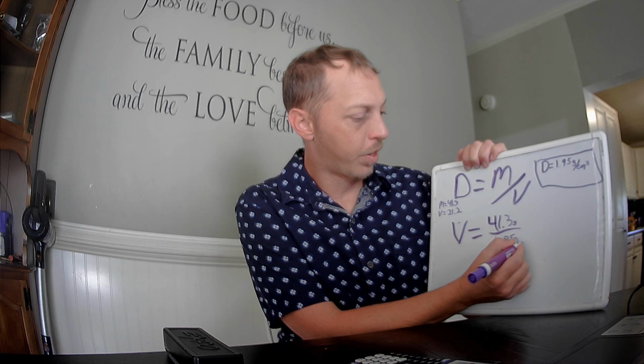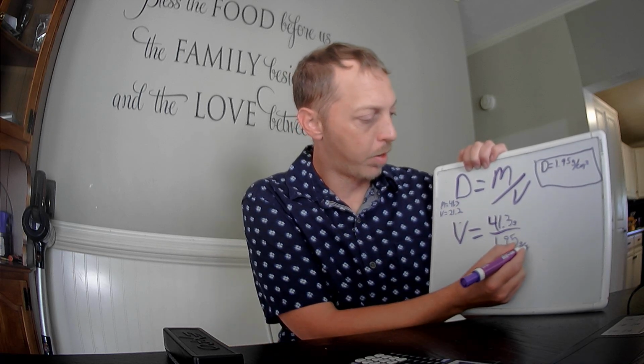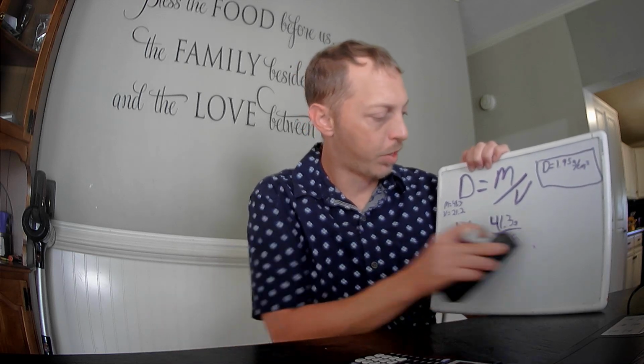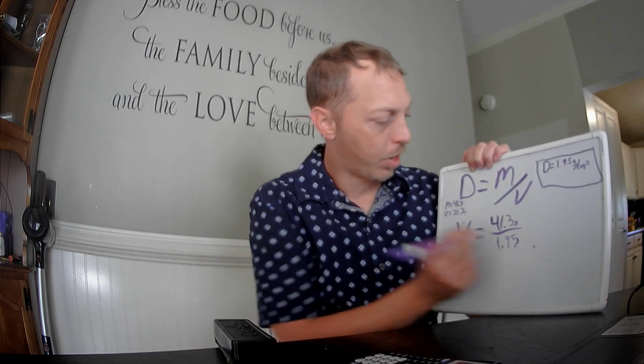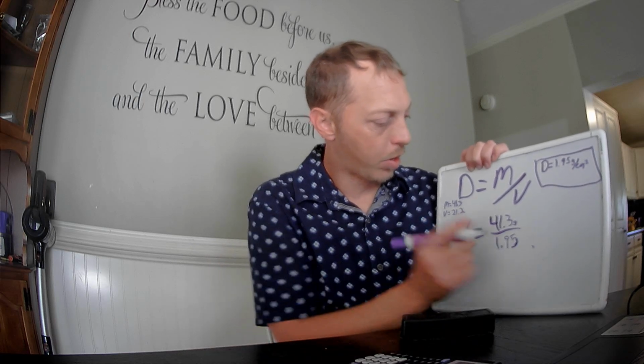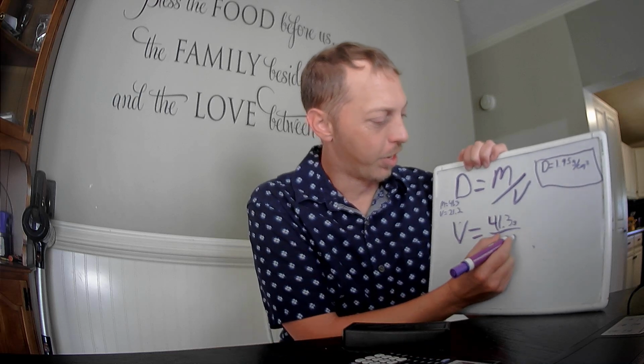Density is grams per centimeter cubed. Which that all looks sideways. I messed up my file. We'll just do this again.